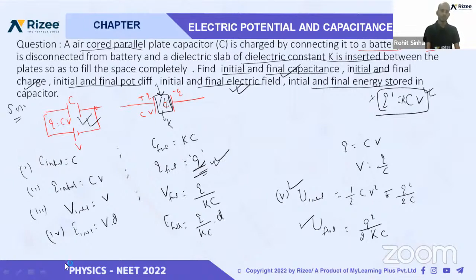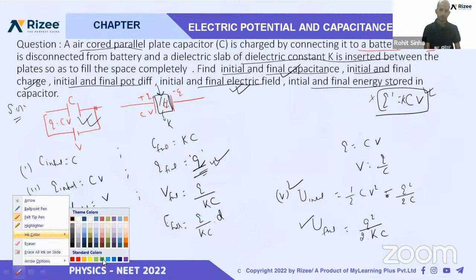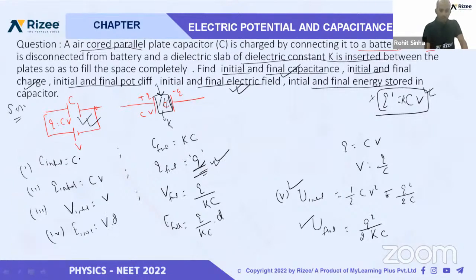Okay, let me repeat once more. Remember one thing, it was given that the capacitor has capacitance C, connected with V, so Q will be CV. In the second case, we have disconnected the capacitor. Now the battery is disconnected, and when you disconnect the battery, the charge will always be constant.